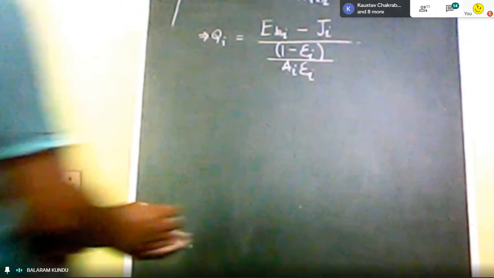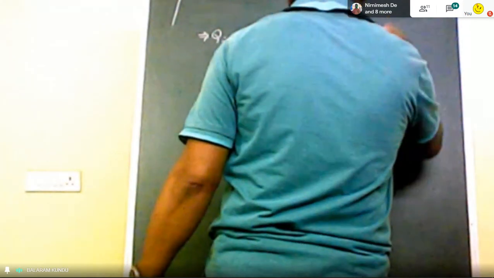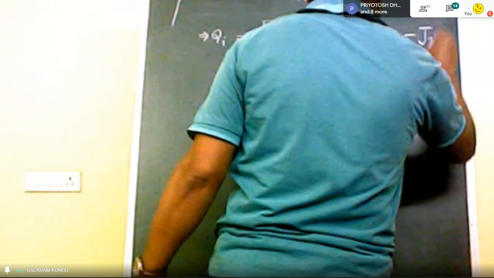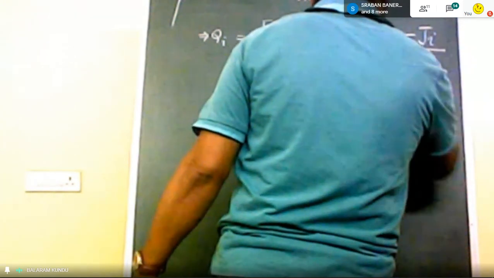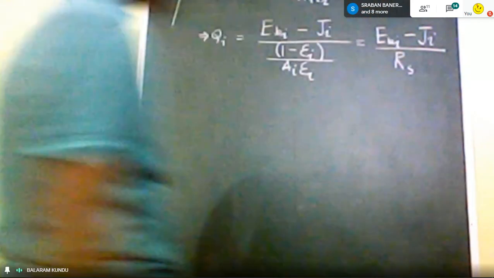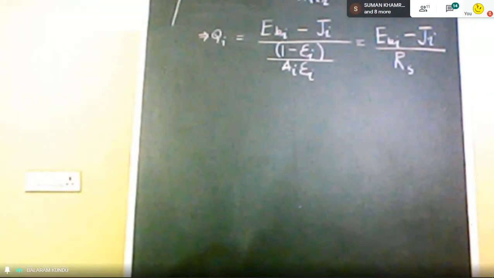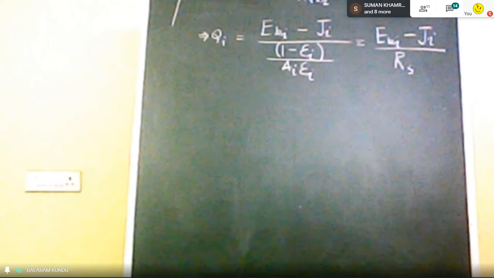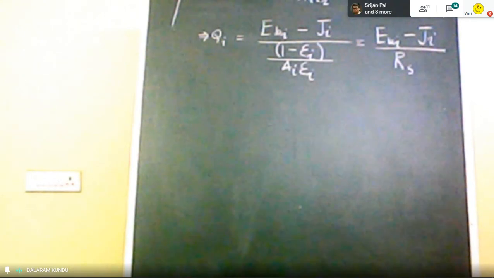This is surface resistance. Therefore here we can write EBI minus JI divided by R suffix S. R suffix S means the surface resistance for radiation heat transfer.